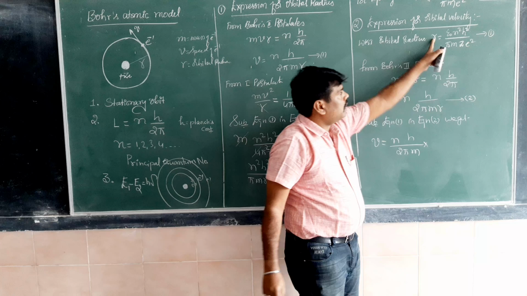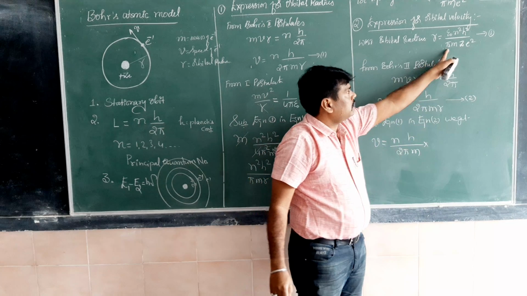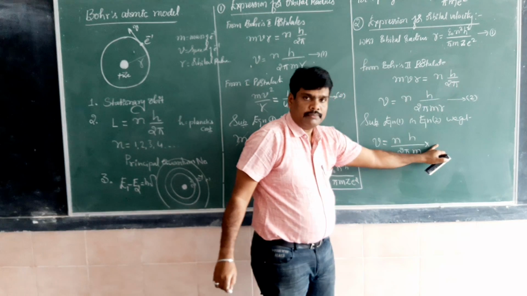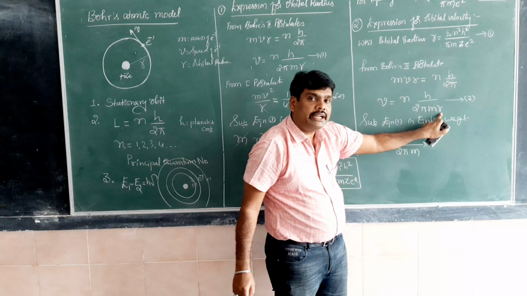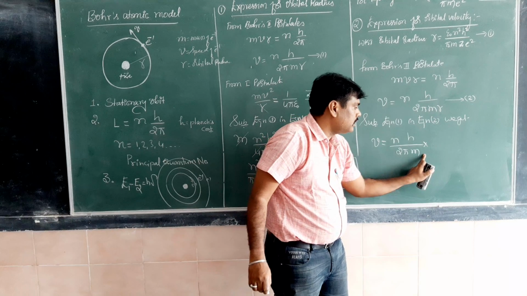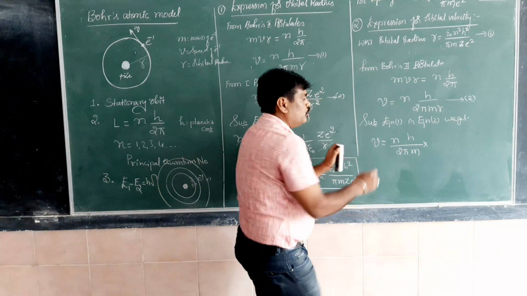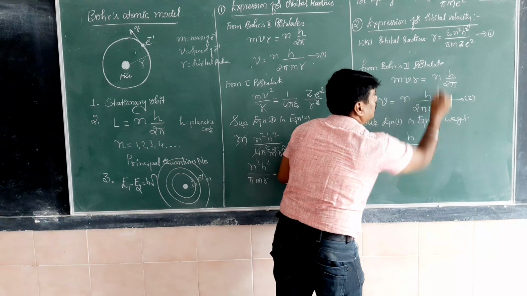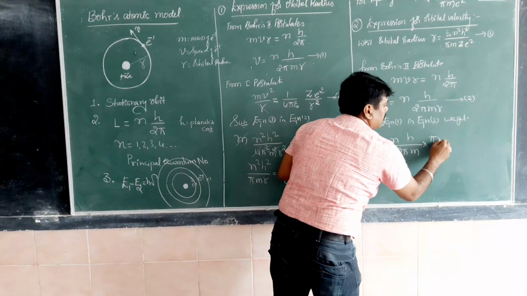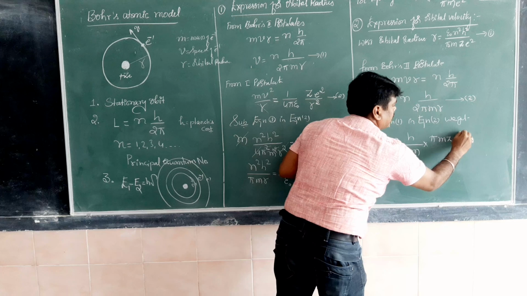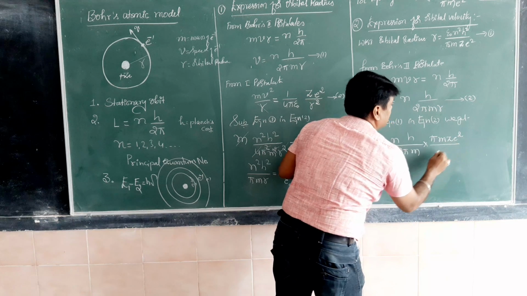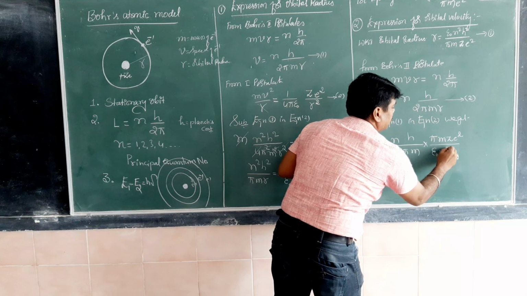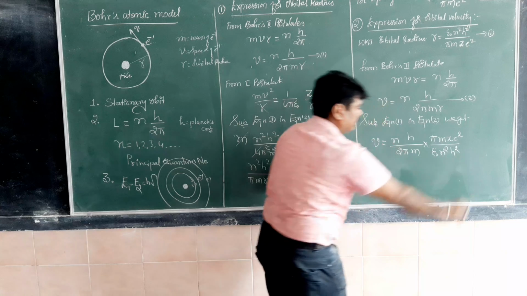If I substitute r here, it will become the reciprocal, because r is in the denominator. If I substitute the whole term, the denominator goes to the numerator and the numerator goes to the denominator. So that is pi m Z e square, whole divided by epsilon naught n square h square.